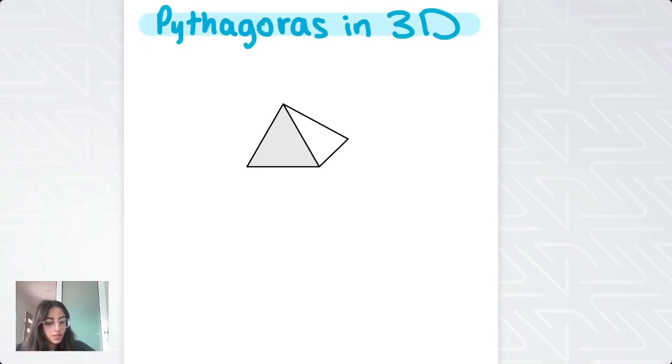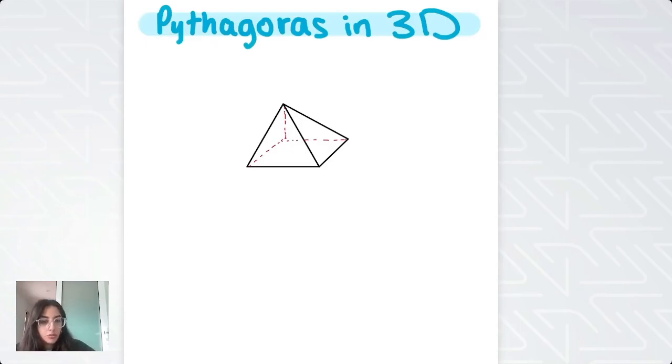Very nice. So there I have a square pyramid.